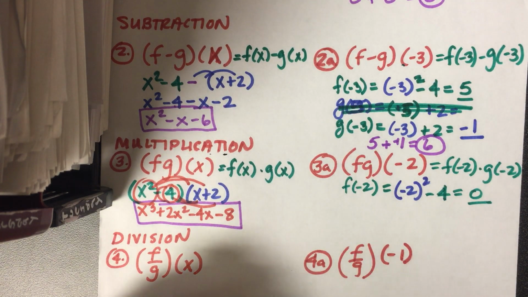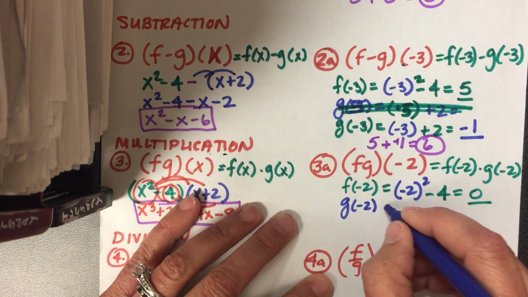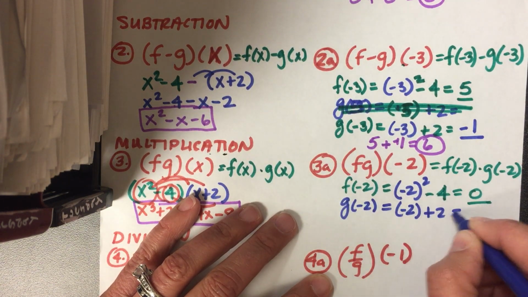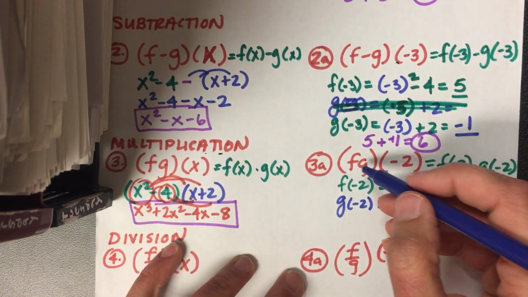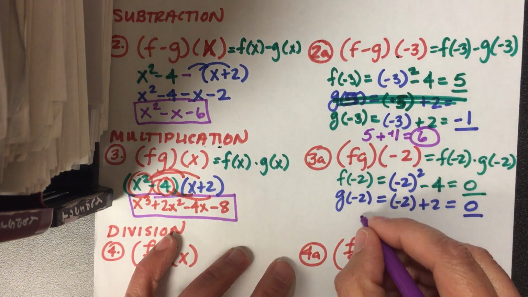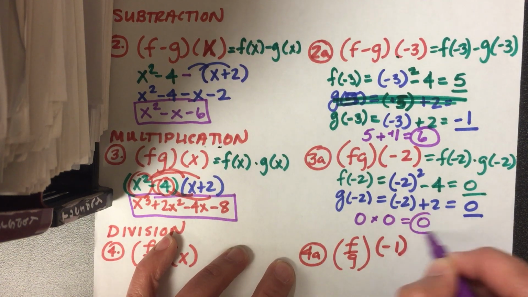Now let's do g of -2. G of -2 also comes out to, you have -2 plus 2, which comes out to 0. And remember, we're looking at multiplication, so we're multiplying f times g. Well, in this case, it's an easy one, 0 times 0. So that is 0.